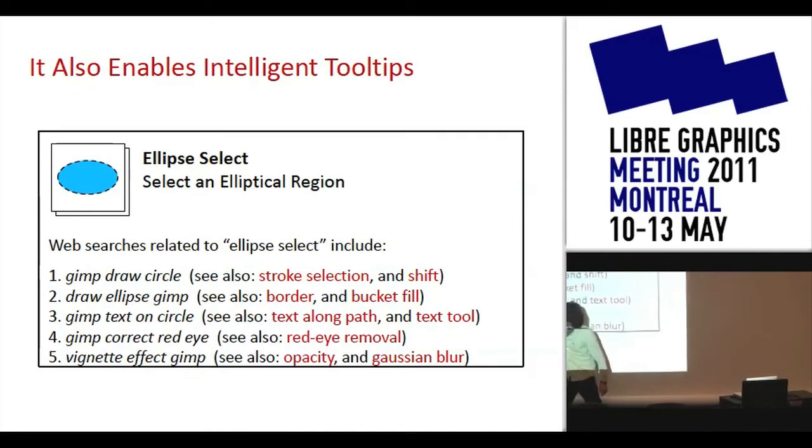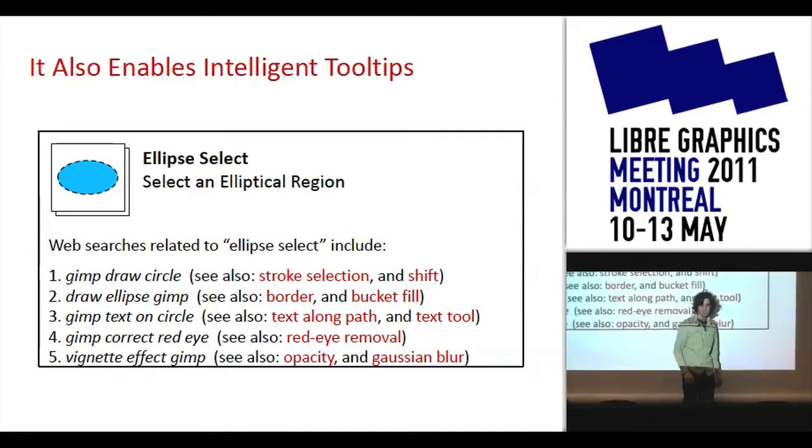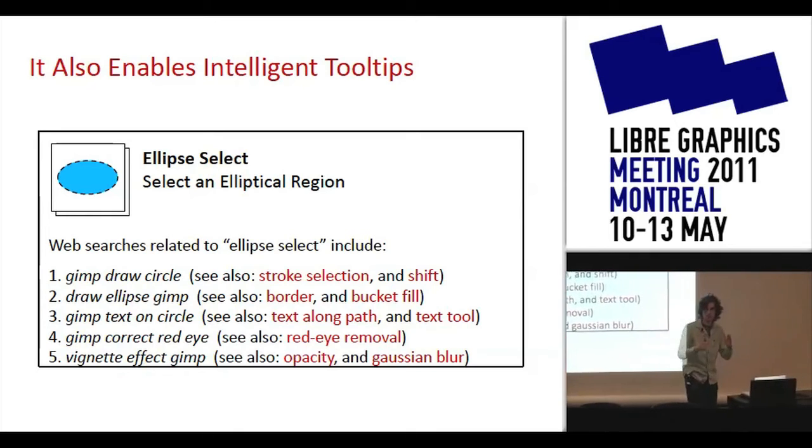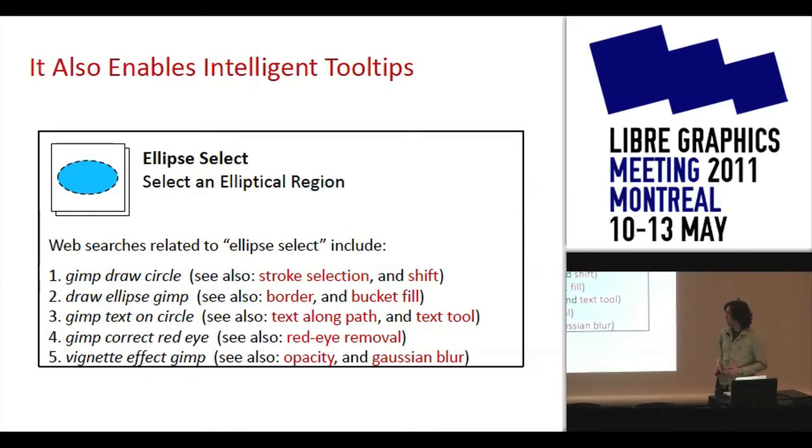These queries are compact, but they give a pretty good indication of what people were after when they typed those searches. So this is one way we're looking at integrating this data into the application to make it actionable.